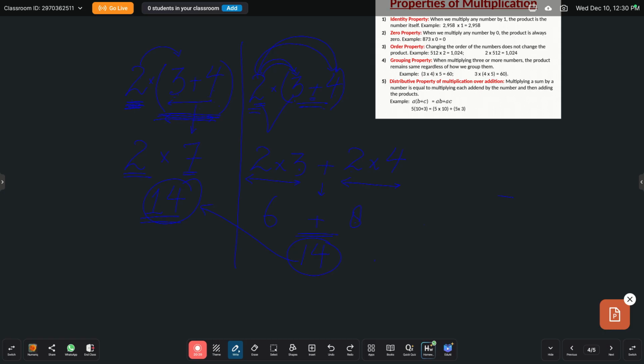This property is known as the distributive property of multiplication over addition. It means multiplying a sum by a number. Here, I first multiplied the sum.